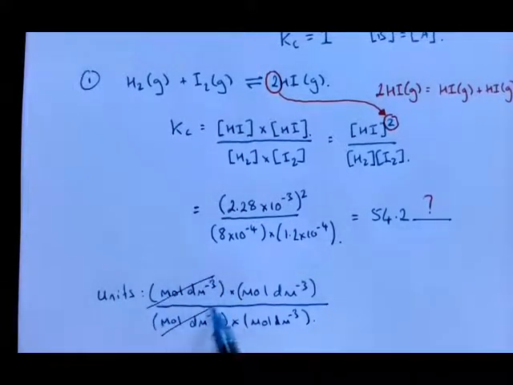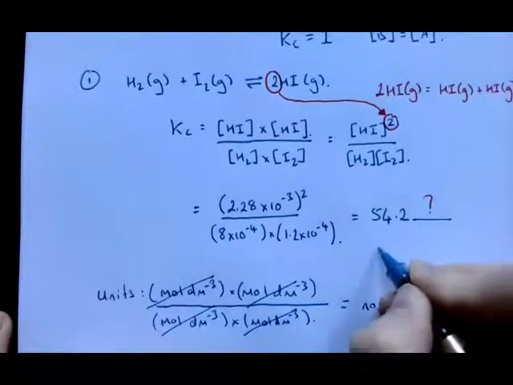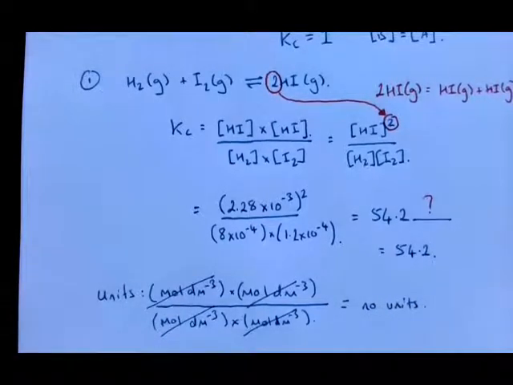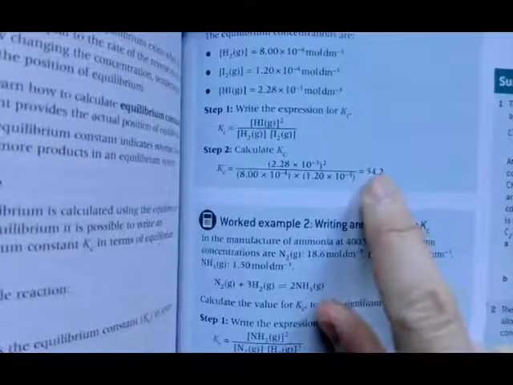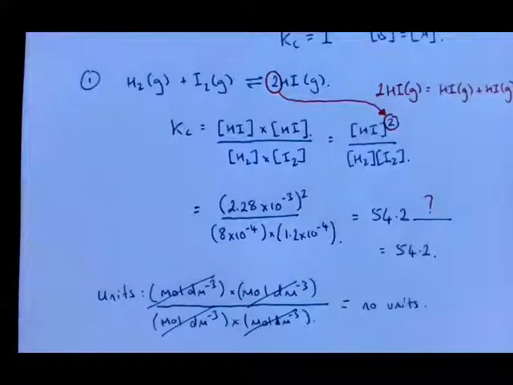So that cancels with that, and that cancels with that, and there are no units. Okay, so you just write it as 54.2. You don't need to write anything after it. You don't have to write no units. You just write it as 54.2, which is what they did in the book. Okay, so they calculated it and they just left it as 54.2. All right, and the reason is because all of the units cancel. Okay, pause it there.